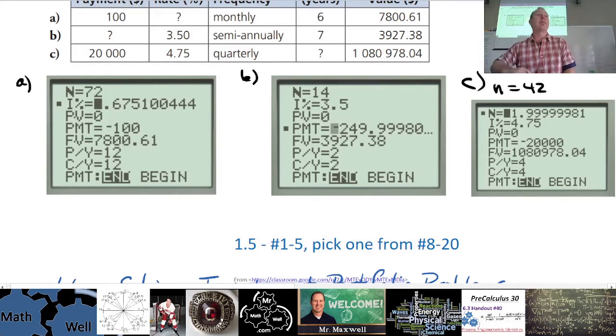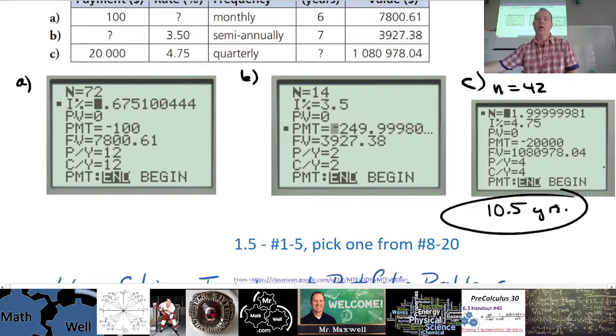So you divide by 4 to get how many years, right? Or do we times 4? You divide, because there's 4 times per year. So if we want years, you take 42 divided by 4. That's 10.5 years. So if you can handle putting 20,000 bucks in every 3 months, in 10.5 years, you'll have $1 million.